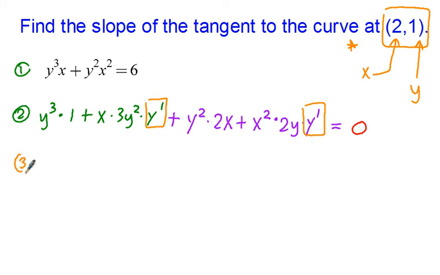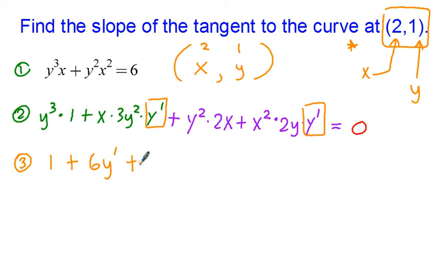All right, so let me just get this where I can see it. In place of x, we're going to write 2, and in place of y, we're going to write 1. Here goes. All right, 1 cubed times 1 is 1. 2 times 3 is 6 times 1 squared times y prime.